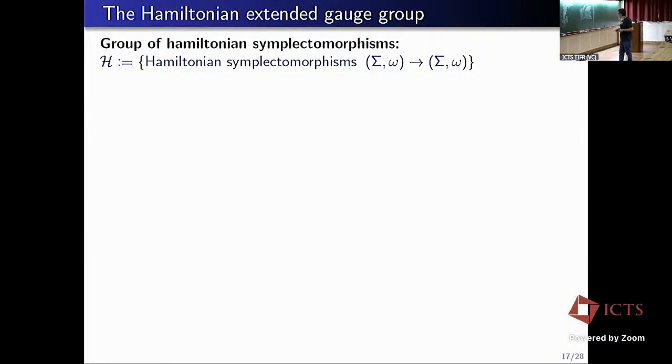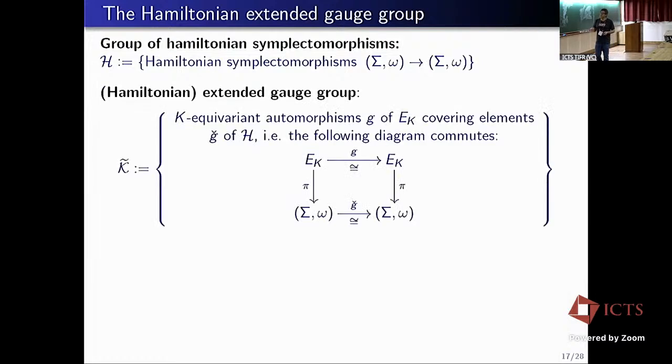So in this case, since we want coupling the complex structure to the rest, again, we want to enlarge the gauge group by these Hamiltonian symplectomorphisms. This comes from Mario's thesis, this approach. So we consider this extended gauge group of automorphisms of the principal bundle that cover Hamiltonian symplectomorphisms on the base. Okay?